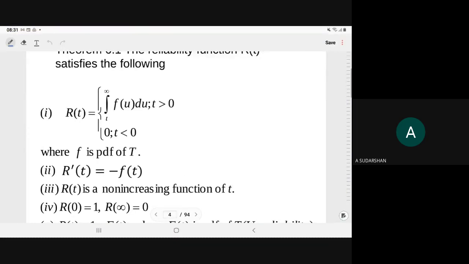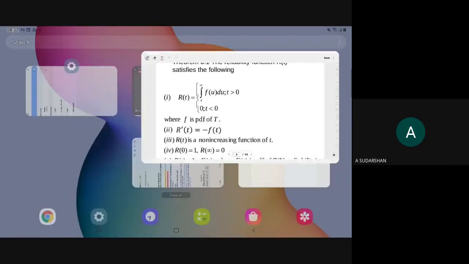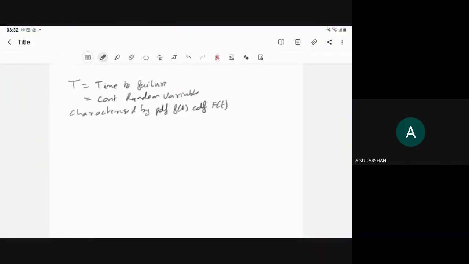The first property is R(t) equal to the integral from t to infinity of f(u) du for t greater than 0, and 0 otherwise. What is the definition we have for reliability? Just now we have seen, it is the probability that the time to failure must be greater than t.